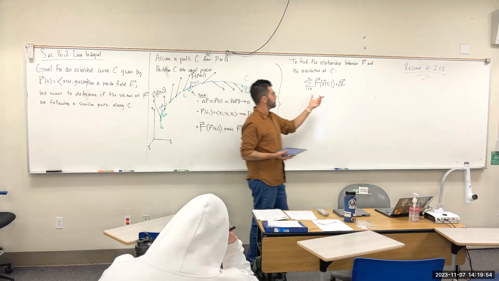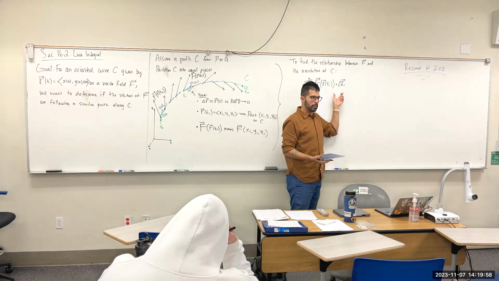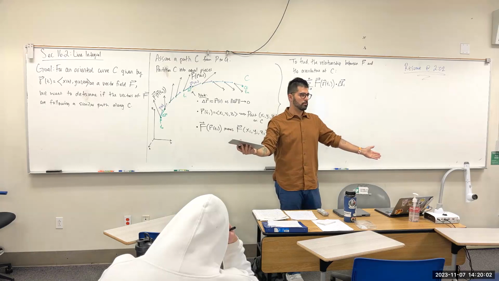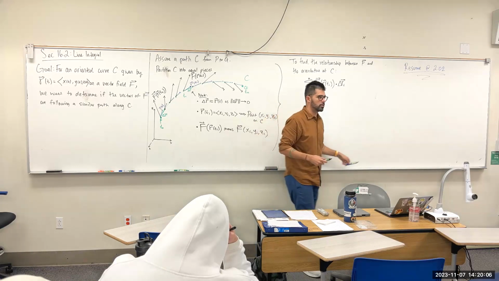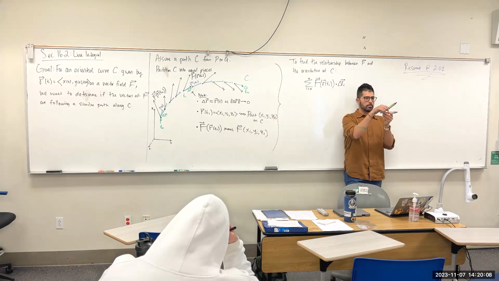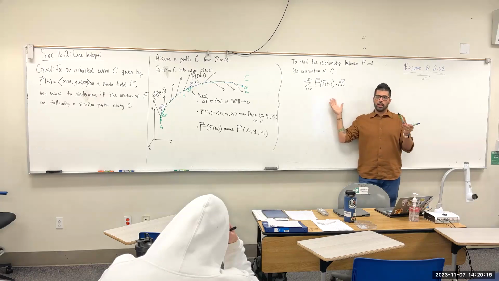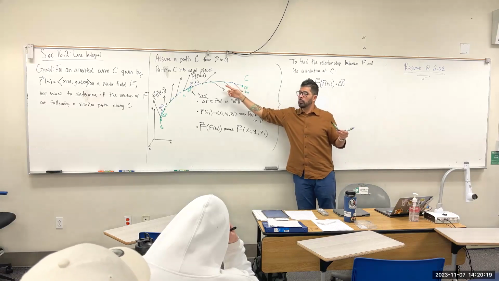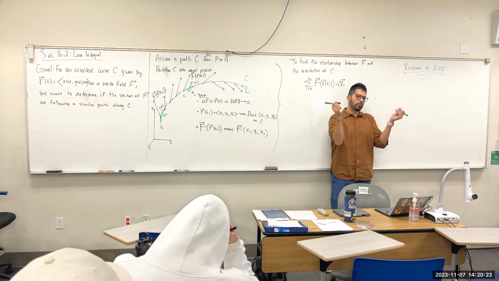And then that will give you an idea. If all these dot products are mostly negative, what happens when a dot product is negative? If the dot product of two vectors is negative, what does that tell you about the angle between them? It's greater than 90 degrees, right? So if you do this sum and you get a negative answer, that tells you that mainly the vectors on the curve and the vector field are going away from each other.